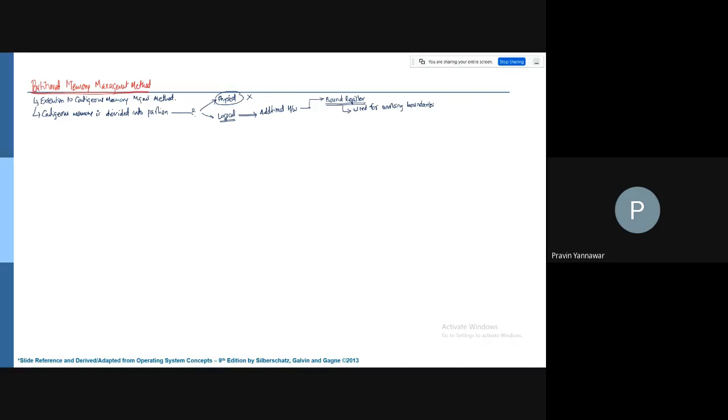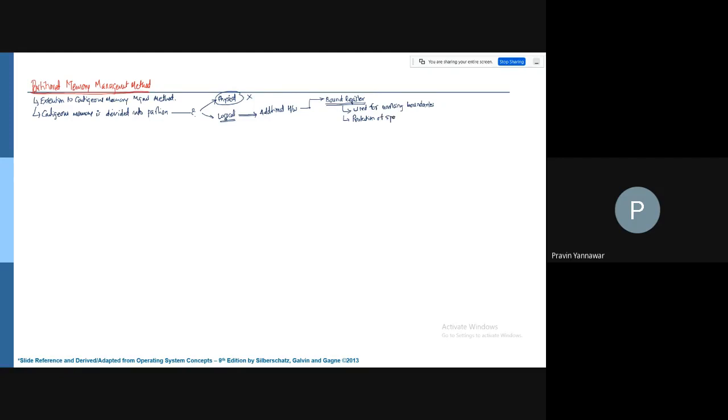One is reserved for operating system, another is reserved for user space. So just to highlight the boundaries between these two sections, we have a bound register. They are usually used for protecting the space, right? So this is protection of space.